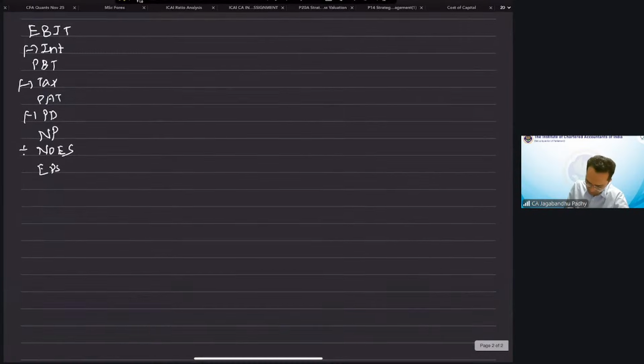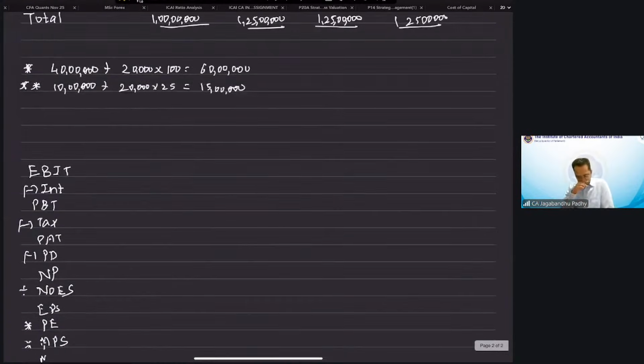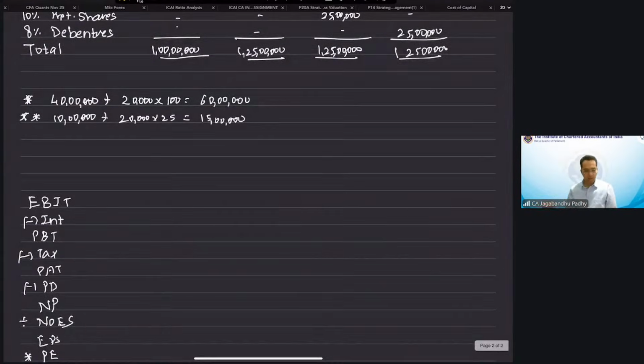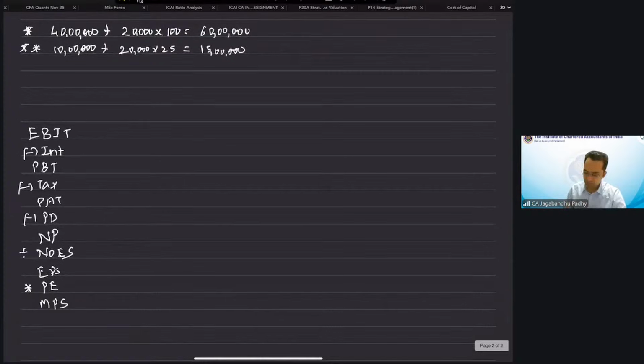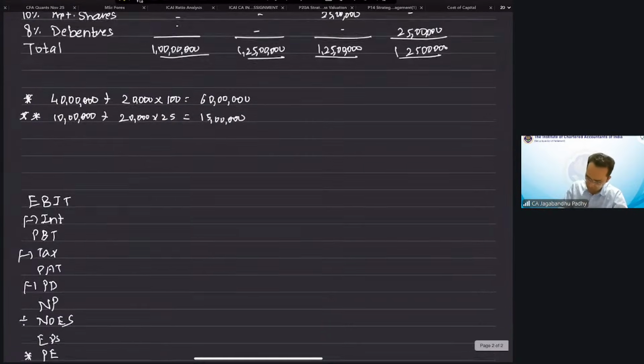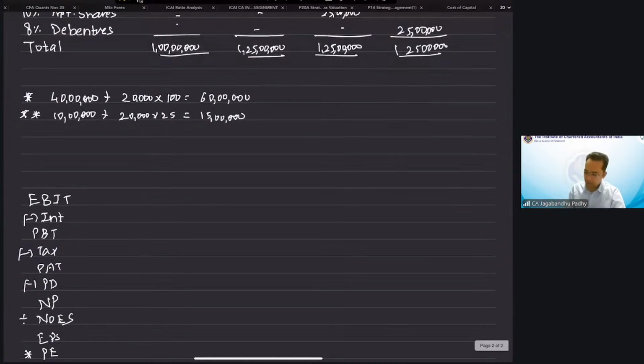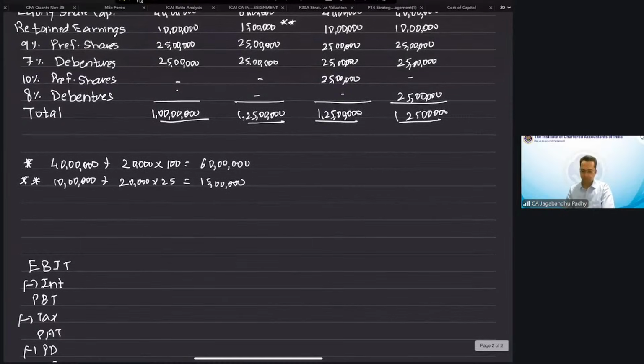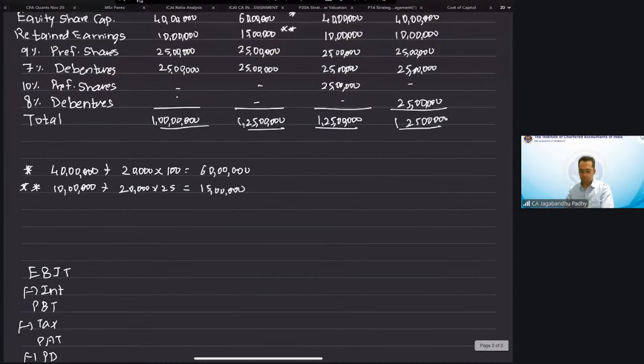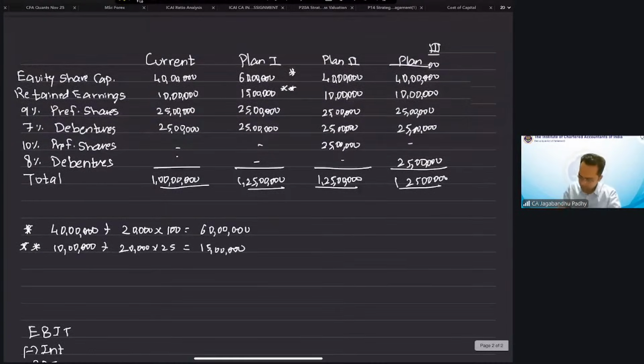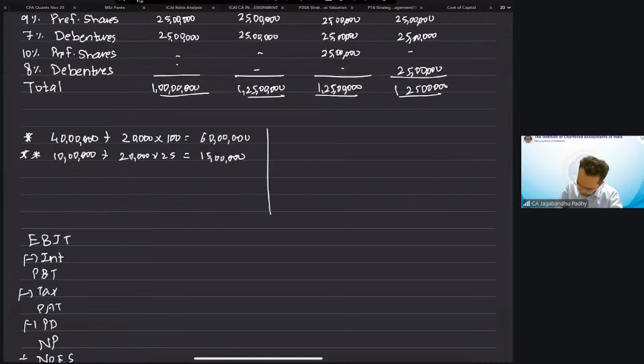Further, EPS will be multiplied by the P/E ratio to arrive at market price per share. So it ranges from EBIT till the market price. Now, I need to look at how we really calculate the EBIT. For that, we need to look at the return on capital employed.